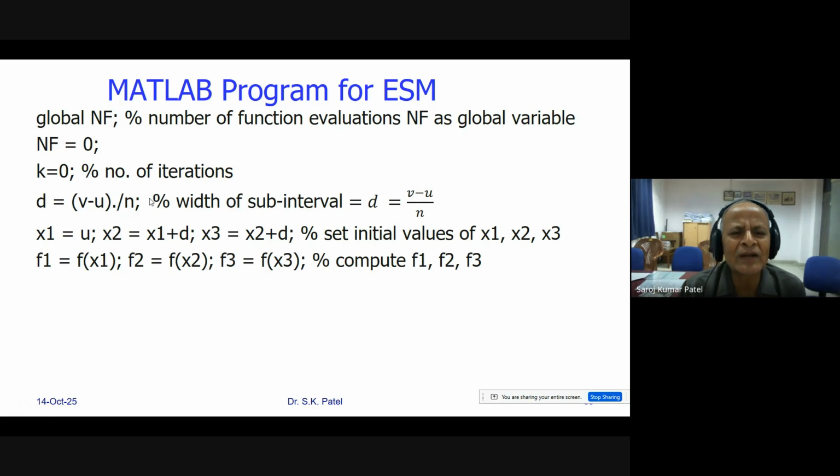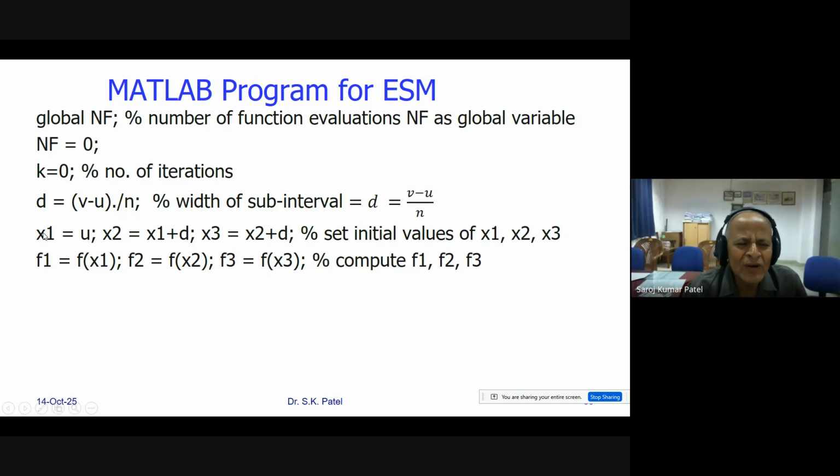It will treat it as a matrix division. But we want a simple division here. That's why you have to put a dot before the division. It is just mathematical division, not matrix division, right? So a dot has to be put always before a division mark. This rule is also applicable for the multiplication symbol.